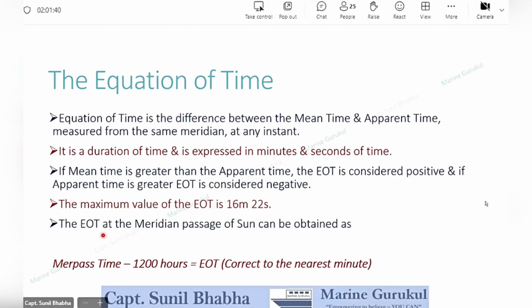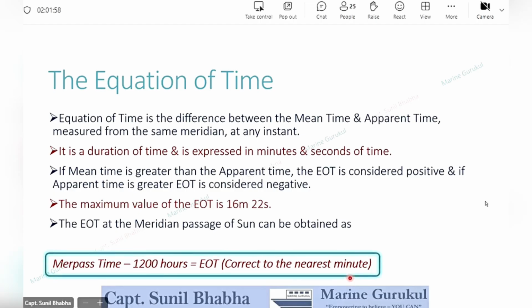The equation of time at the meridian passage time of the sun can be easily obtained as whatever is the meridian passage time minus 1200 hours, which gives you the equation of time correct to the nearest minute. So you can use this simple formula to get the value of the equation of time from the almanac for any particular day at the time of meridian passage.